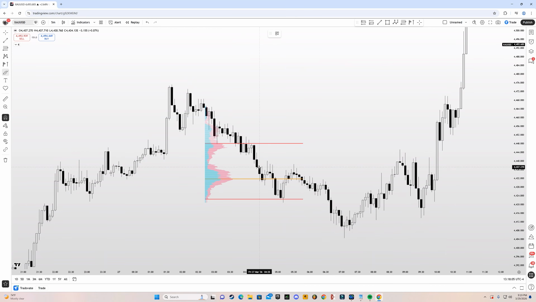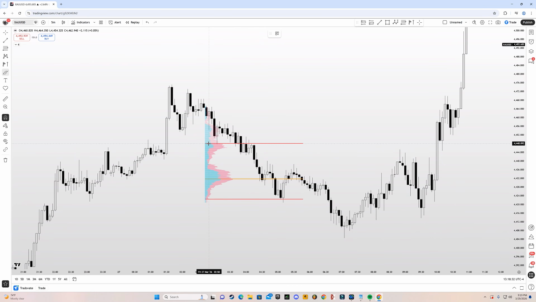And at the point of control, we're going to see price consolidate a lot, because around this level, the highest node, this high volume node, as we call it, the participants in the market are considering this level to be fair. And when a level is fair, it's not going to do much. So this is the point of control.